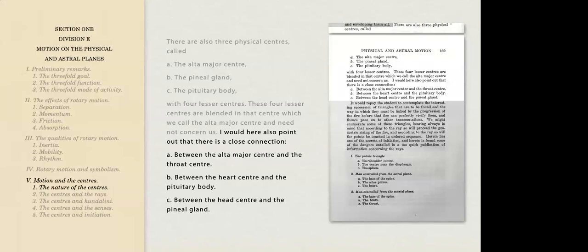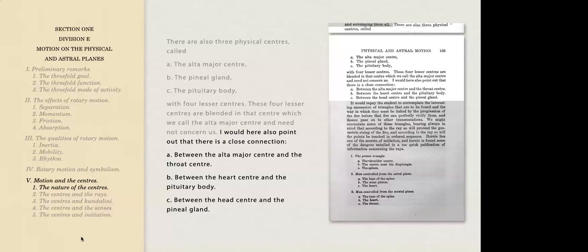So next, I would here also point out that there is a close connection, A, between the alta major center and the throat center, between the heart center and the pituitary body, between the head center and the pineal gland. We learned much later in TCF that the chakras always stand in a causal relationship to the activity of physical centers.